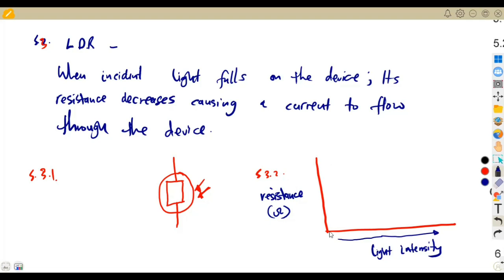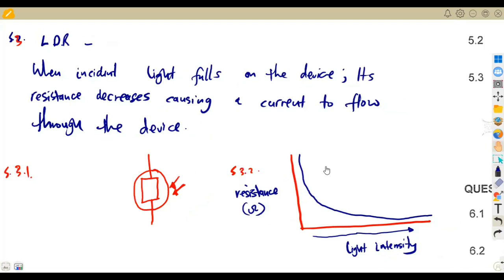So here we are going to have our curve like this, the resistance decreasing as the light is increasing, like this. That is the major part of our explanation that we had before, if you still remember.